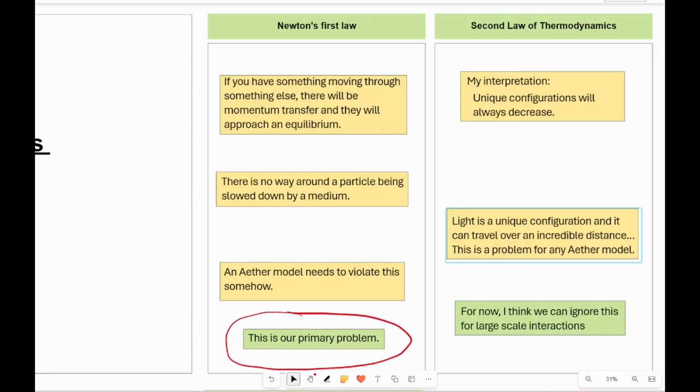Now, the other issue is the second law of thermodynamics. My interpretation of the second law of thermodynamics is that unique configurations will always decrease.